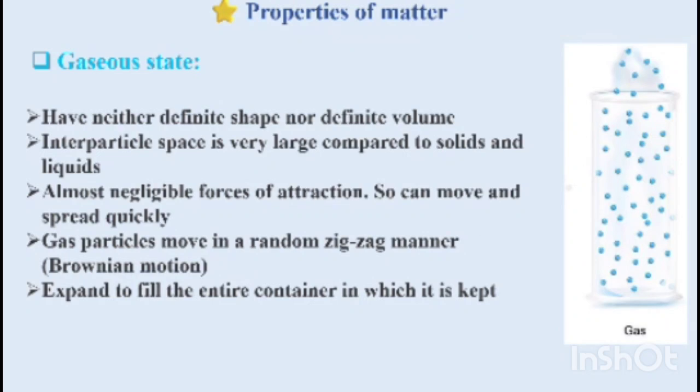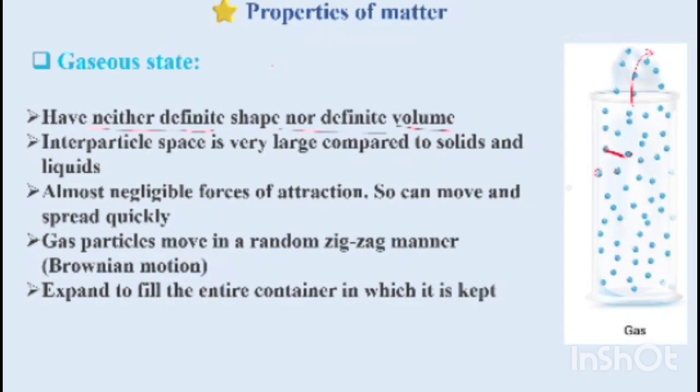Okay? So as you can see over here, the particles in the gaseous state are very loosely bound. Even the interparticle force of attraction is negligible. These particles can go out of the container. These neither have definite shape nor definite volume.